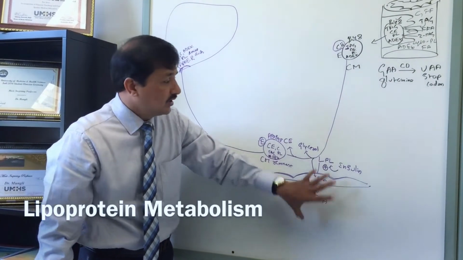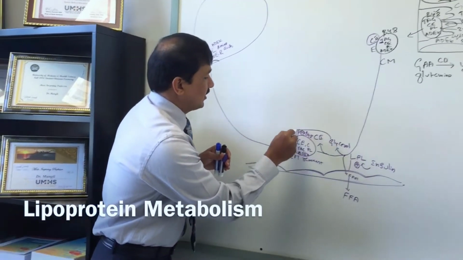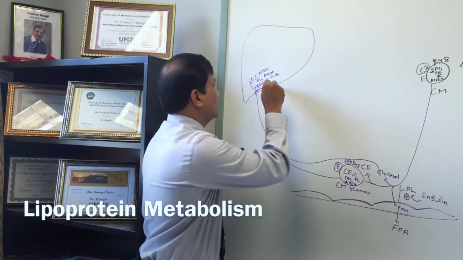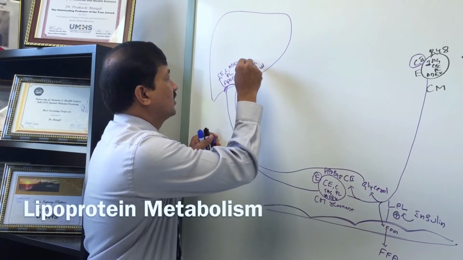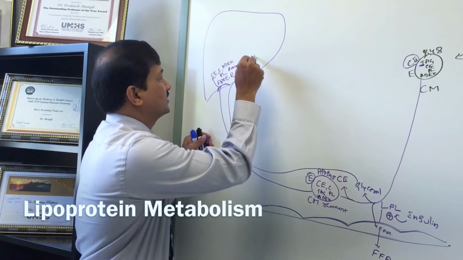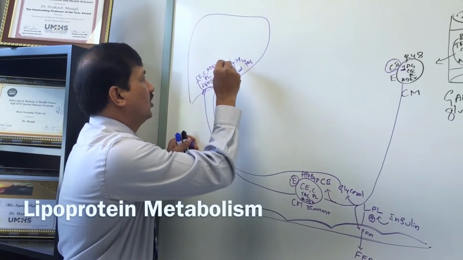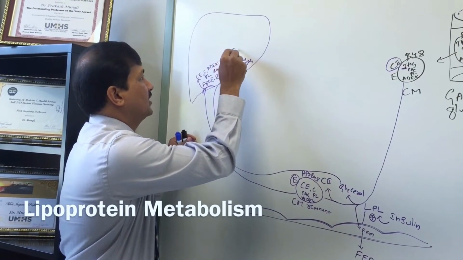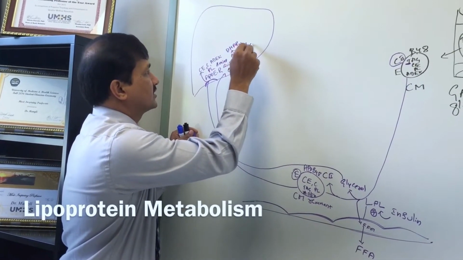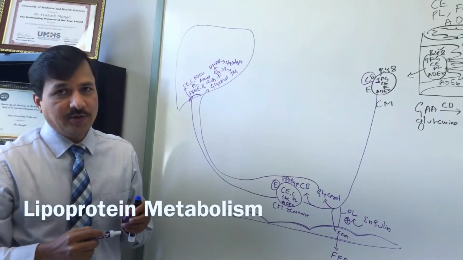Glycerol will be taken back to the liver, where it is converted to glycerol 3-phosphate, and this can go into triacylglycerol formation, or be converted to DHAP, and DHAP gets into glycolysis. That's the fate of glycerol coming from chylomicrons.